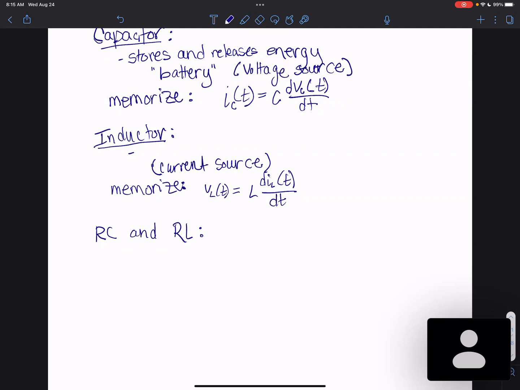So for this one, we got an equation. We were able to derive and notice that for both circuits, the end equation was very similar.